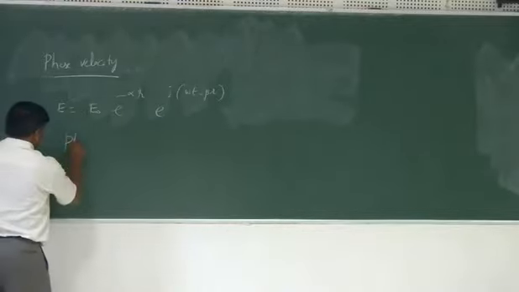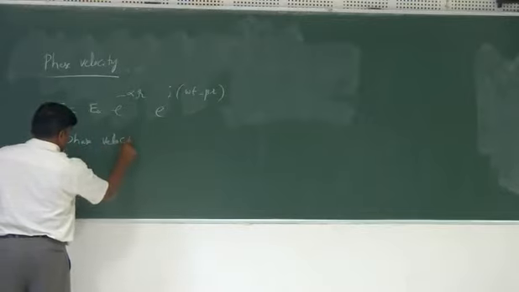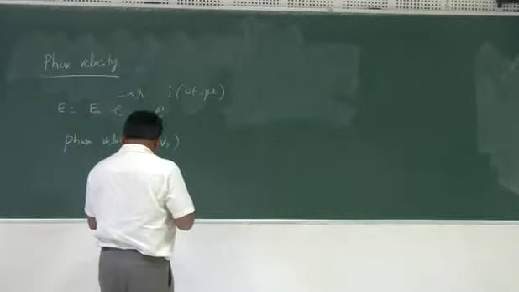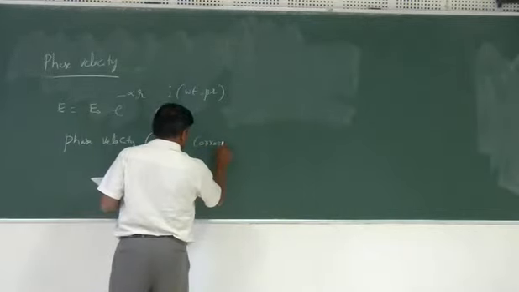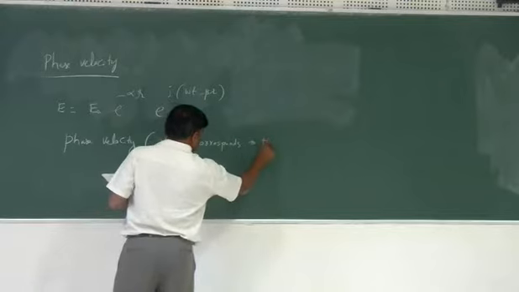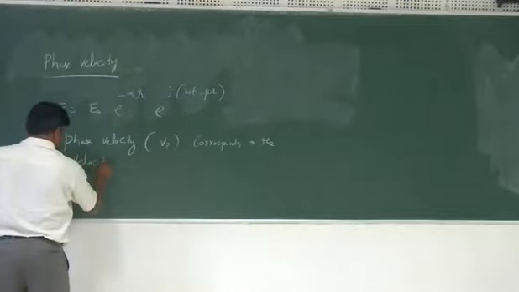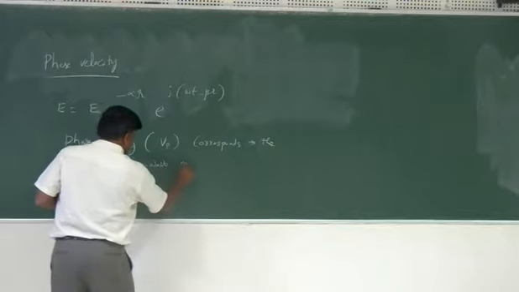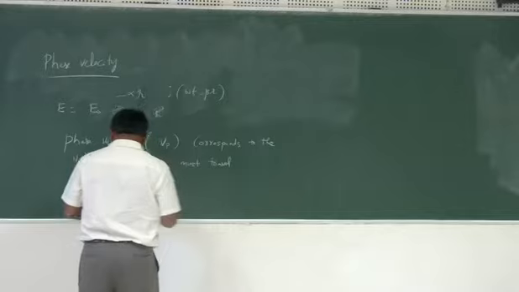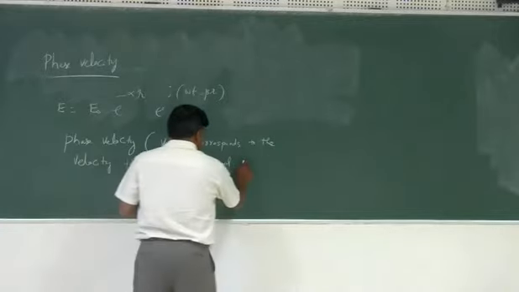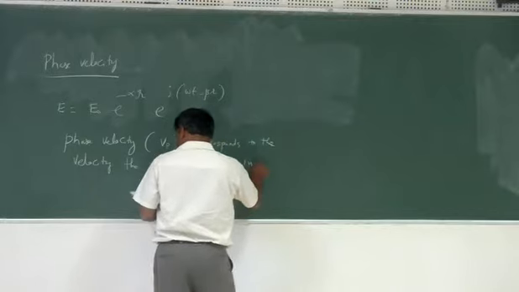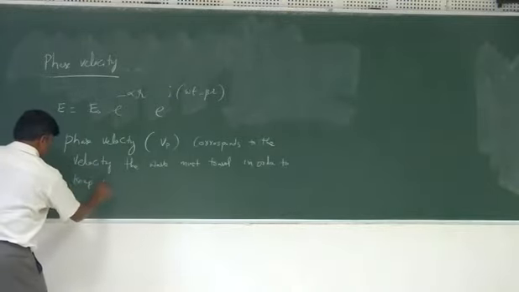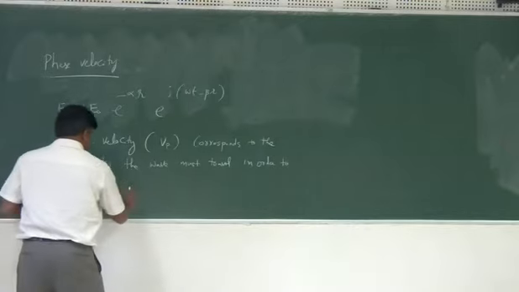Phase velocity, denoted as v, corresponds to the velocity the wave must travel in order to keep the phase constant.